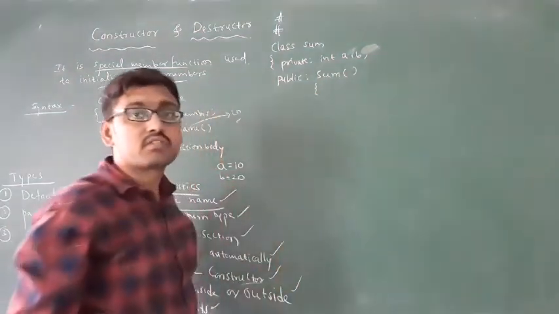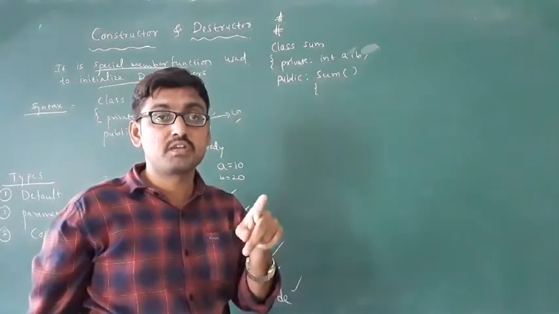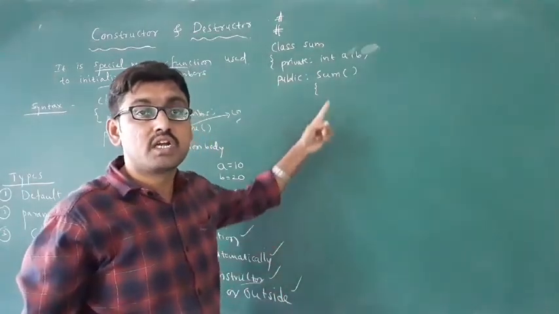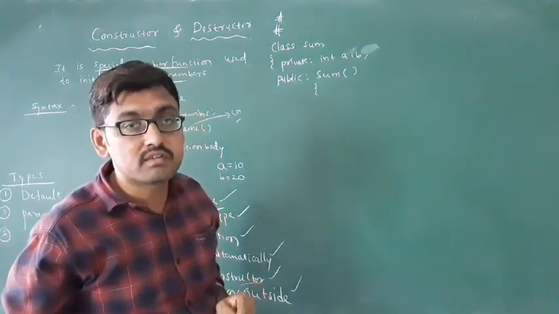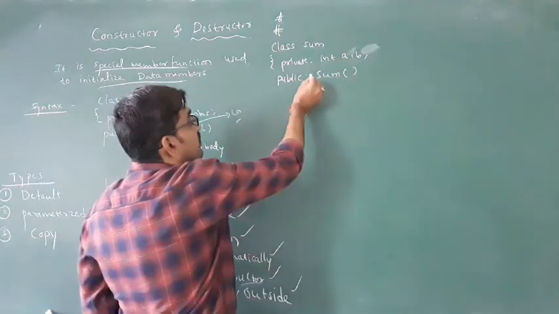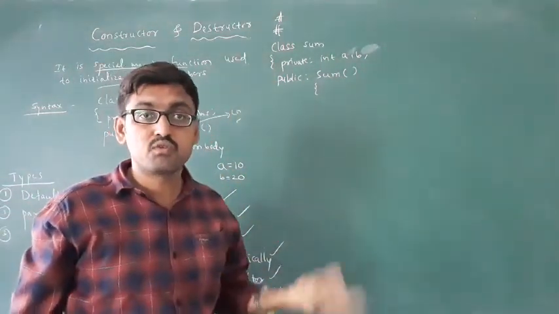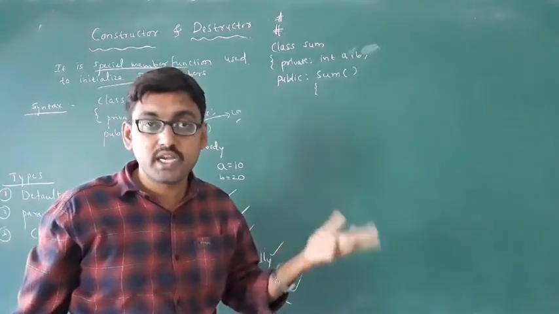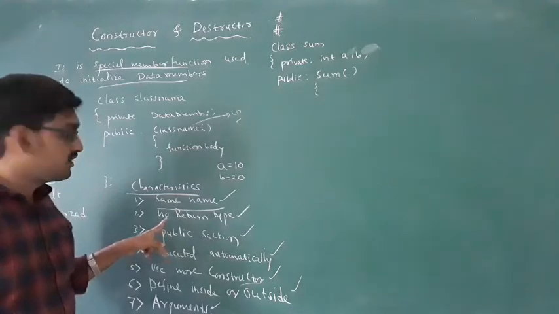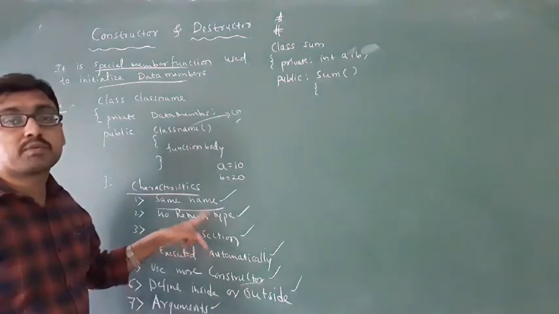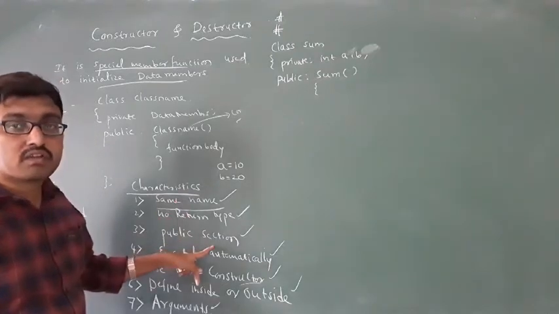What is a constructor? It is used to initialize the data members. To initialize the data members, take one constructor. Here I have not taken void Sum, because a member function is always declared by using void, but in the characteristics of a constructor, there is no return type, and you always write it in the public section.